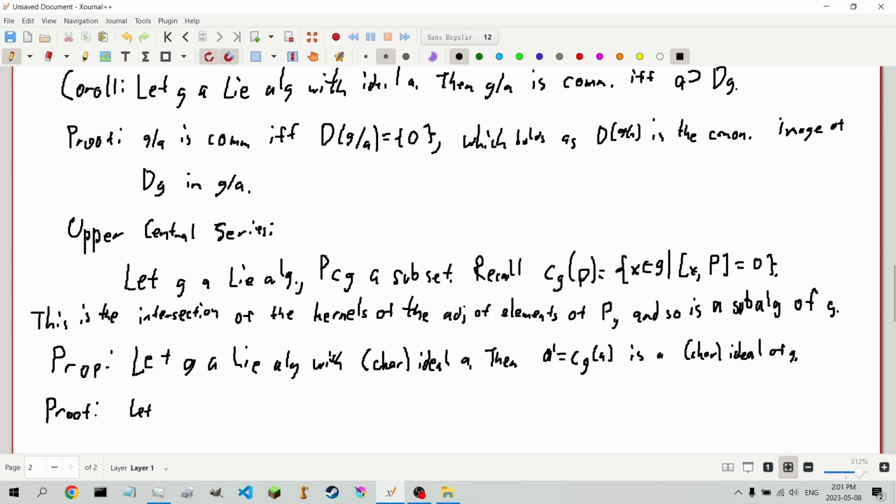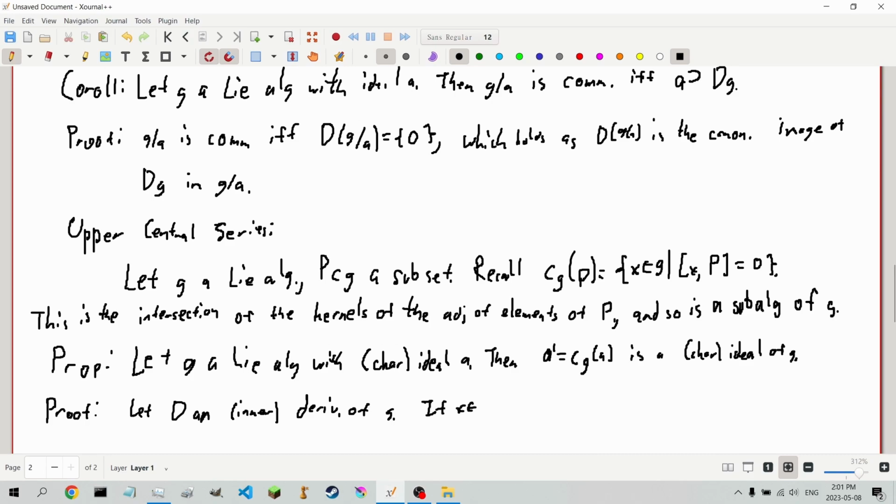Proof: let D be a derivation. It's going to be an inner derivation in the case where the ideal is not characteristic.